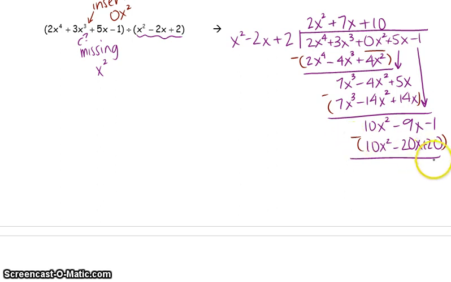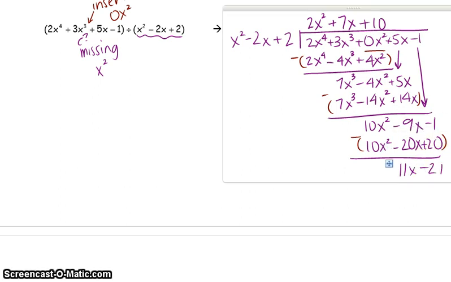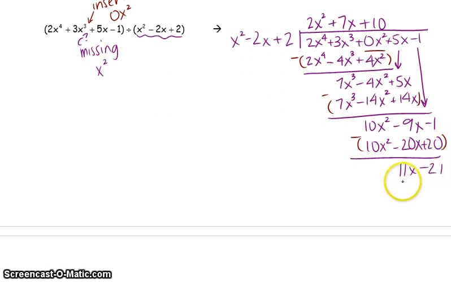Negative 9 minus a negative 20, that is 11x. And then negative 1 minus 20, that is negative 21. Okay, so at this point we have nothing else to bring down. So this right here would be our remainder. This whole thing here.